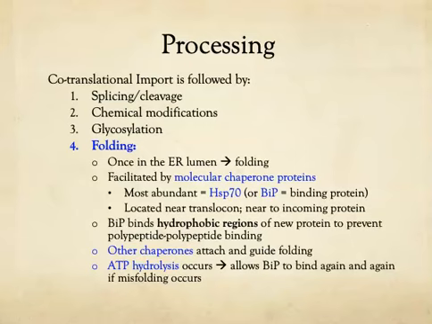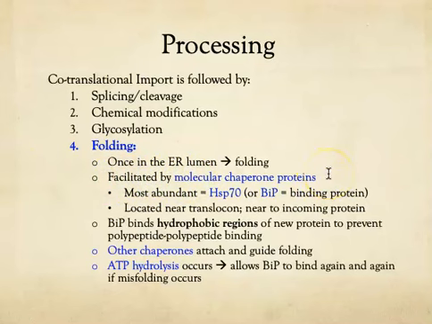For that reason, cells invest a lot of materials and a lot of energy into the folding of proteins. The big regulator of protein folding is another type of protein called a chaperone protein.